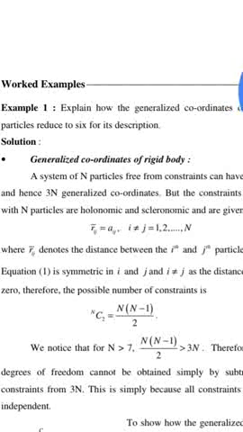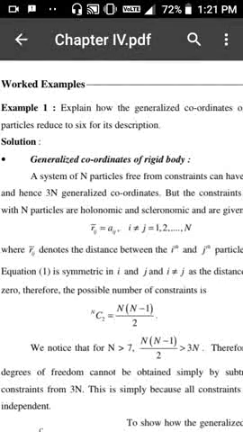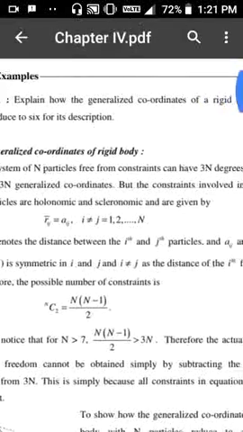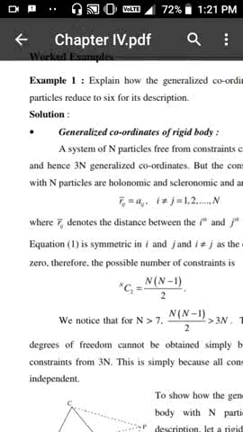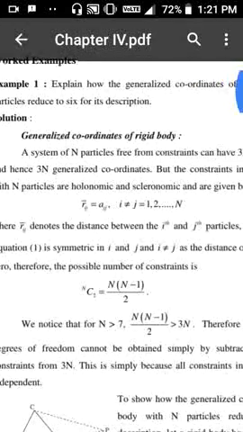A system of n particles free from constraint can have 3n degrees of freedom and hence 3n generalized coordinates.